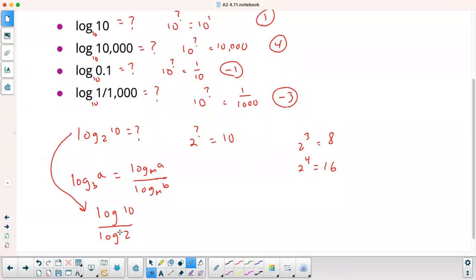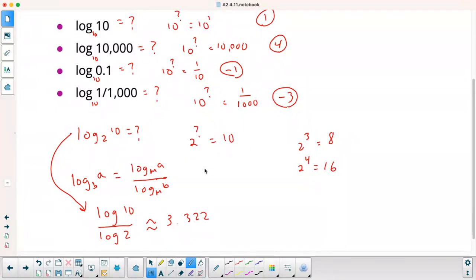This now allows me to type it into my calculator and get a much quicker number than guessing and checking, plugging in numbers on 2 until I get close to 10. I'll do log base 10 of 10 divided by log base 10 of 2, and that'll give me 3.322, which I knew was somewhere between 3 and 4.